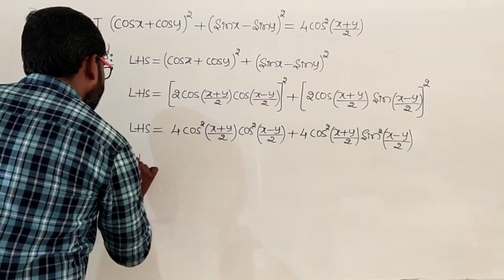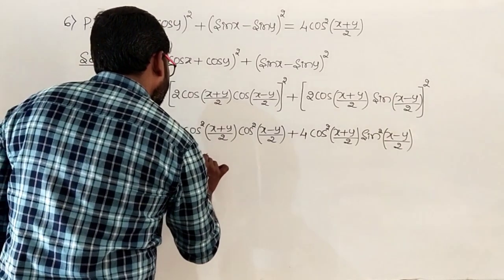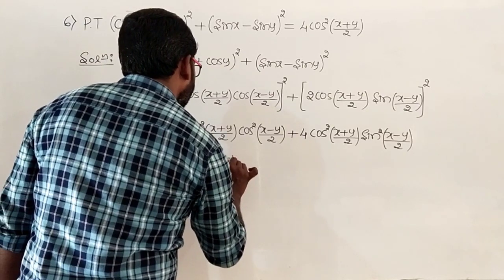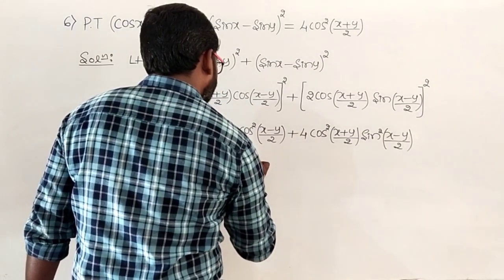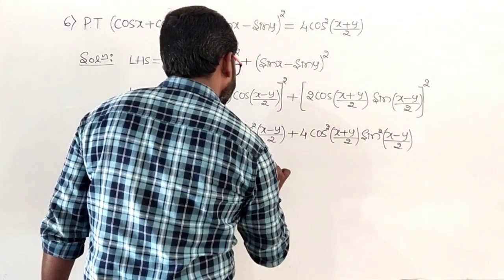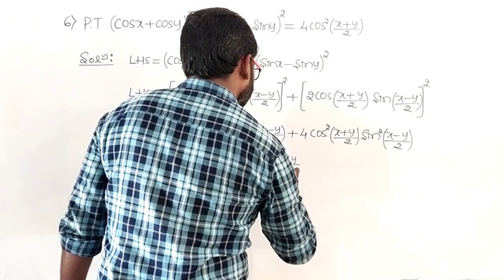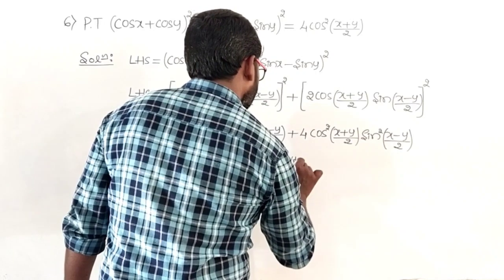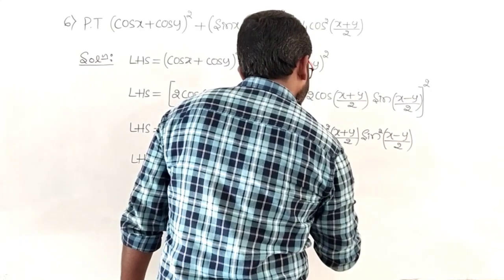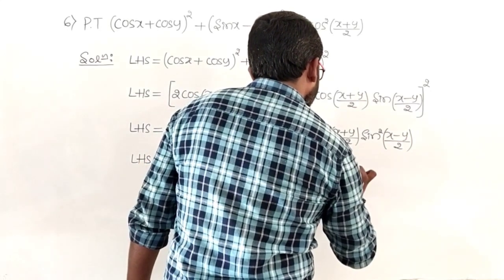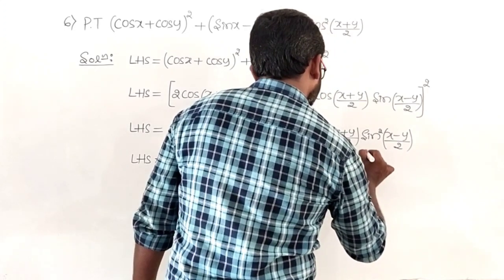So now LHS equals, I will be taking this common, 4 cos square of (x plus y) divided by 2 outside, then we are left with cos square of (x minus y) divided by 2, then plus we are left with sin square of (x minus y) divided by 2, then close the bracket.